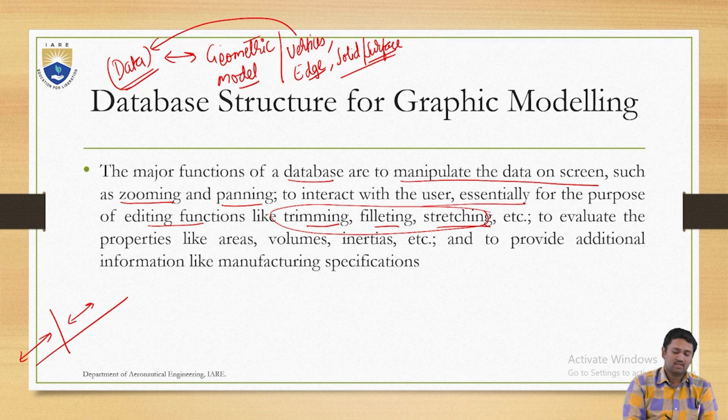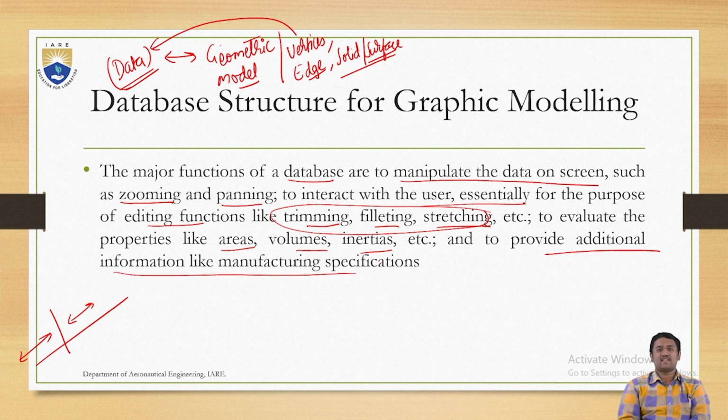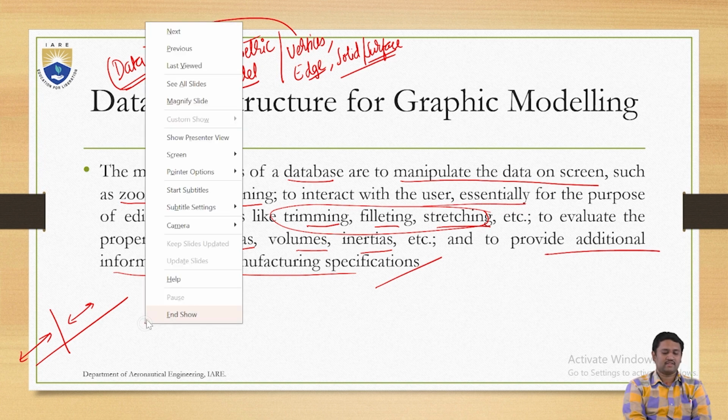Also you evaluate areas, volumes as well as inertias. You will be collecting the data from the database, as well as providing any additional information for manufacturing specifications, in order to specify how well you will be having this.